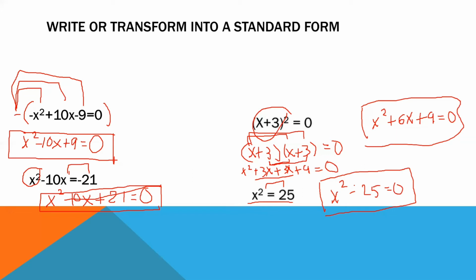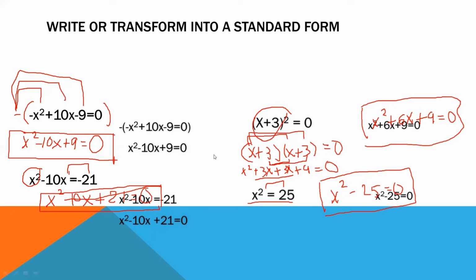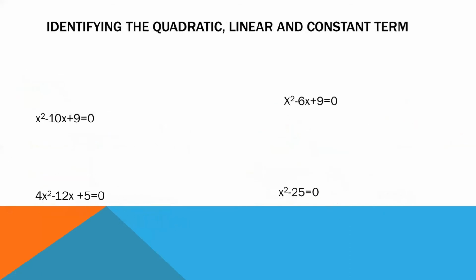So now, you know how to transform or write the quadratic equation into standard form. So now, let's proceed kung bakit nga ba natin kailangan i-write or i-transform ang ating quadratic equation into standard form. So, dahil we are going to identify the quadratic, the linear, and the constant term.